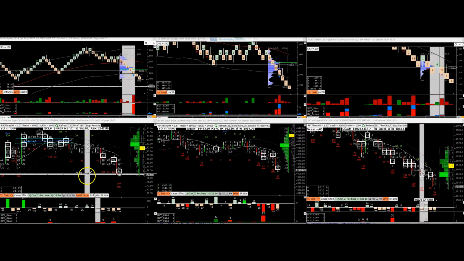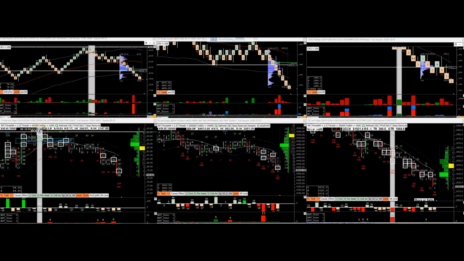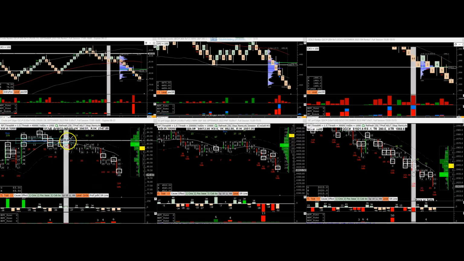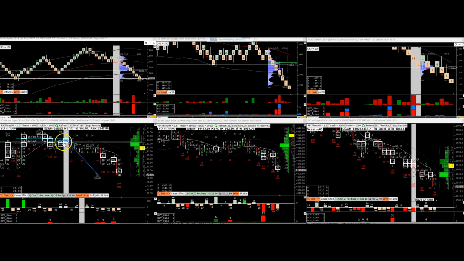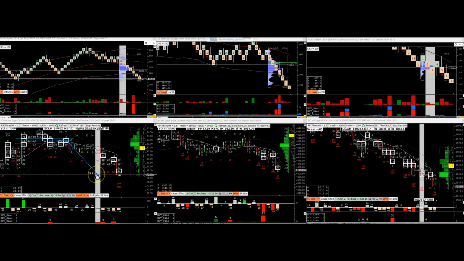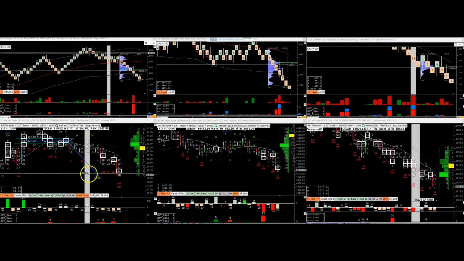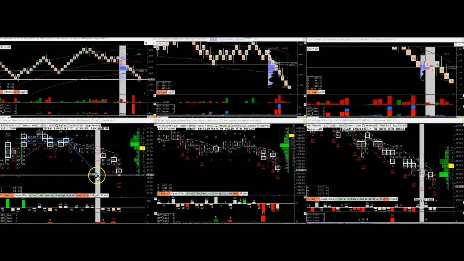You can do either. The conservative target would be from the high on down, and the more liberal target would be from here. So it would be like that. Like today, we tapped the projection at 79.